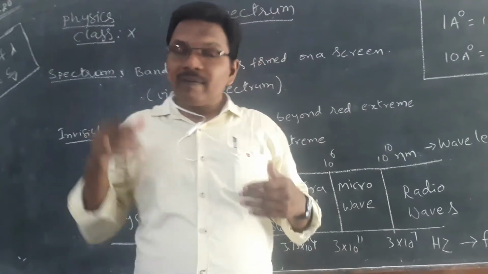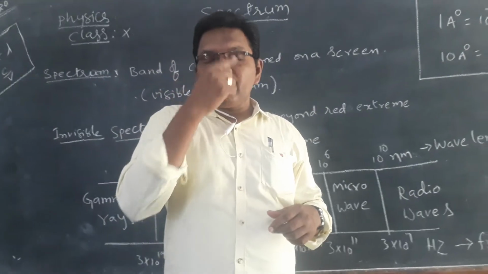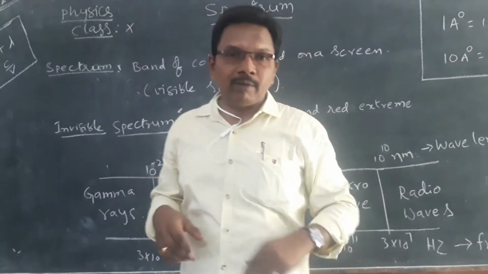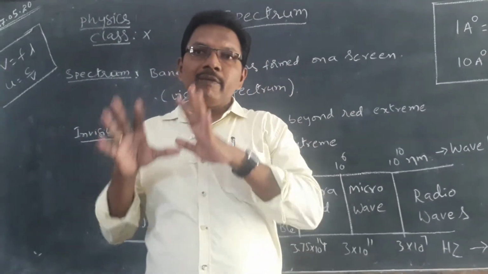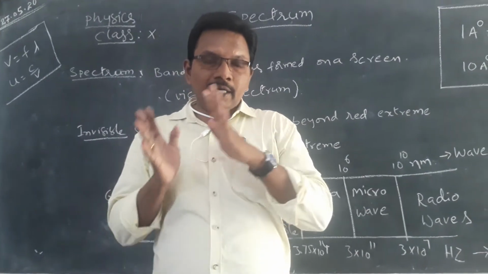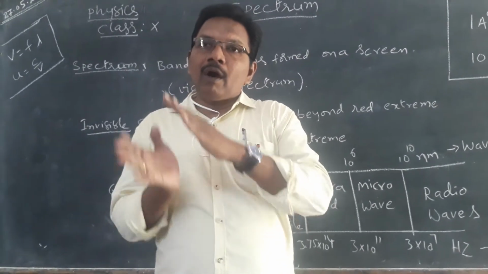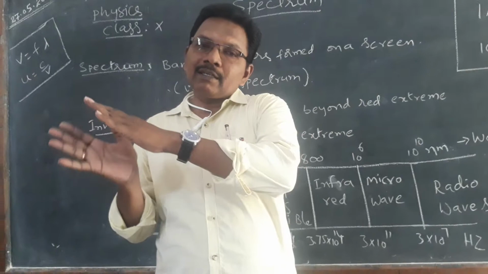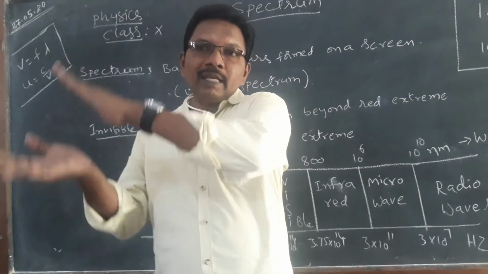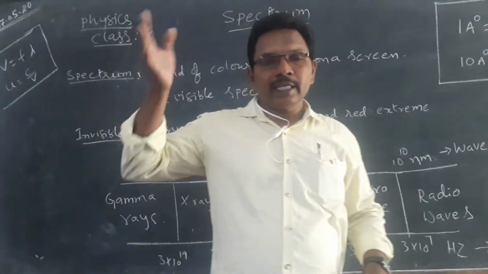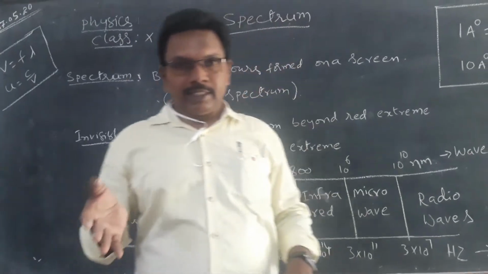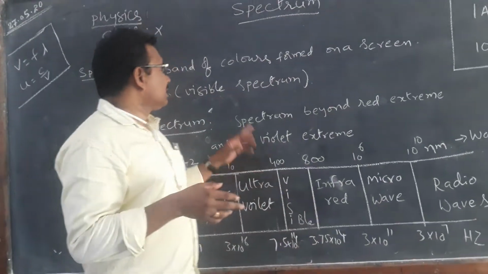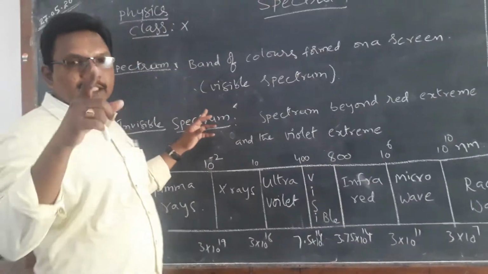So because of the difference in velocity, when refraction takes place through the prism, all colors deviate differently, and the emerging light is also placed at different places, and that is why we get the 7 colors on the screen at different places.